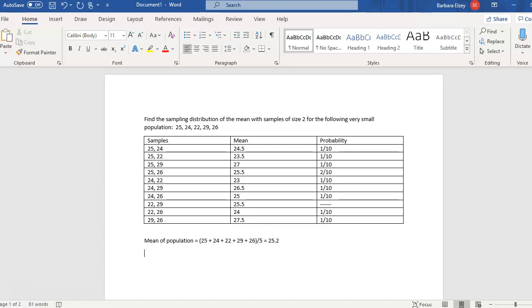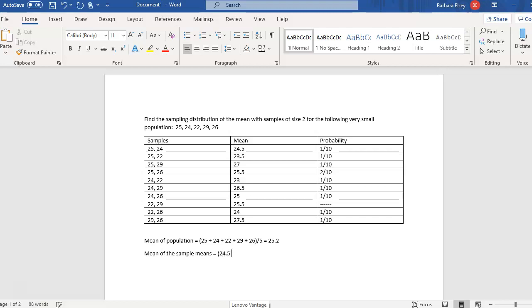All right, now let's do something different, though. That was the mean of a population. We're used to that. I'm going to take the mean of the sample means. Up here, for each of these samples, we found a mean over here to the right in the second column. I'm going to now take all 10 of these means, and I'm going to average them together. I'm going to find their mean.